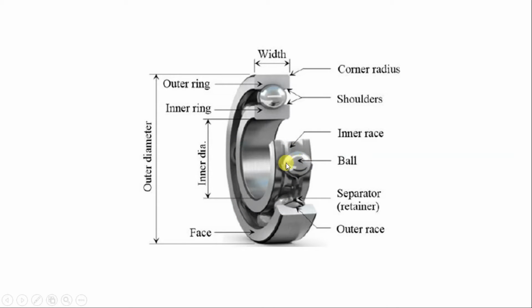To hold these balls in their position this cage or separator is provided, or you can say retainers are provided, so these balls don't fall down due to gravity. This is the internal diameter of the bearing and this one is the outer diameter of the bearing. This is called the face of the bearing.